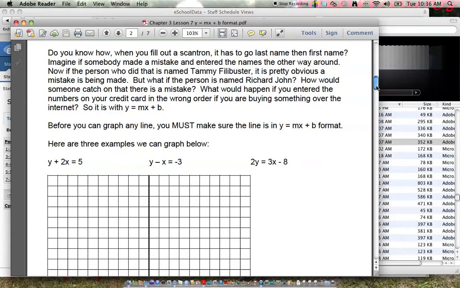Every year, I get a couple of kids in my class where the first name is the same as the last name. What about a name like James Patrick? It could be Patrick James. So you never know. It's really important when you fill out those Scantrons that you put it in the right place.